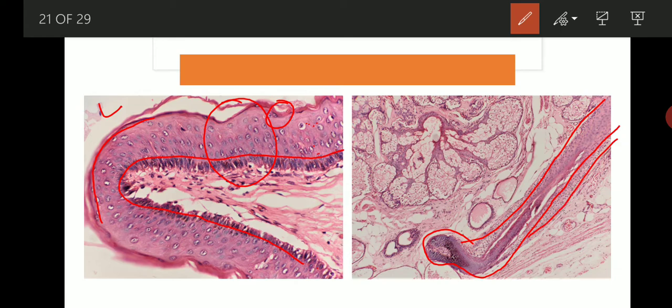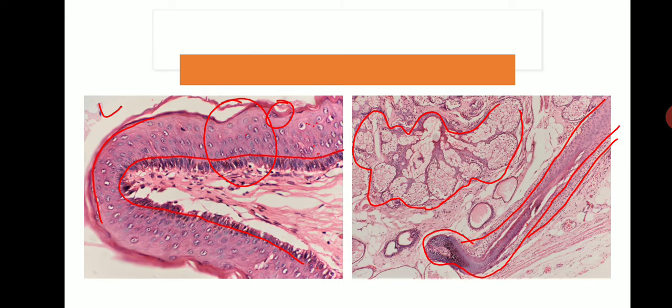This is basically a skin like epithelium where you find the epidermis and the dermal appendages. Those are the sebaceous glands, sweat ducts, eccrine glands, hair follicles and everything. They represent the epithelial component of the dermoid cyst.